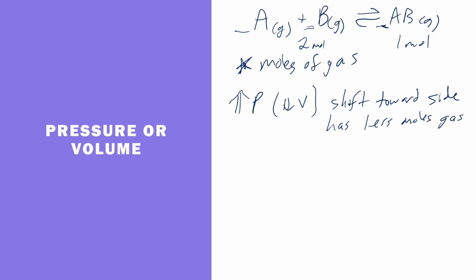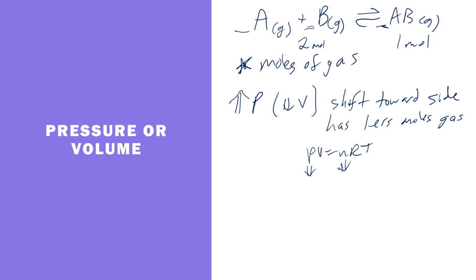If you think about it, the stress is that there's too much pressure. That's our problem. We need to solve the problem. And if there are fewer moles of gas, that means there's going to be less pressure, according to PV = nRT, right? If I have fewer moles, lower pressure.